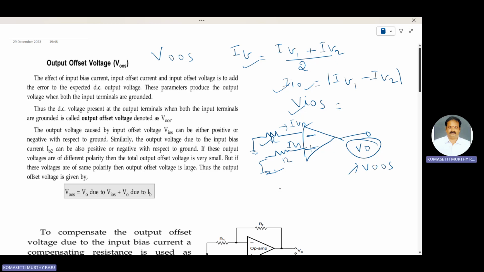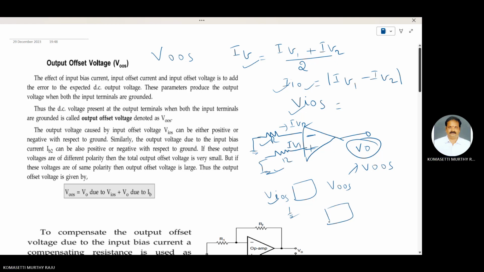The output voltage caused by input offset voltage, so the output offset voltage caused by input offset voltage, VIOS, can be either positive or negative with respect to ground.